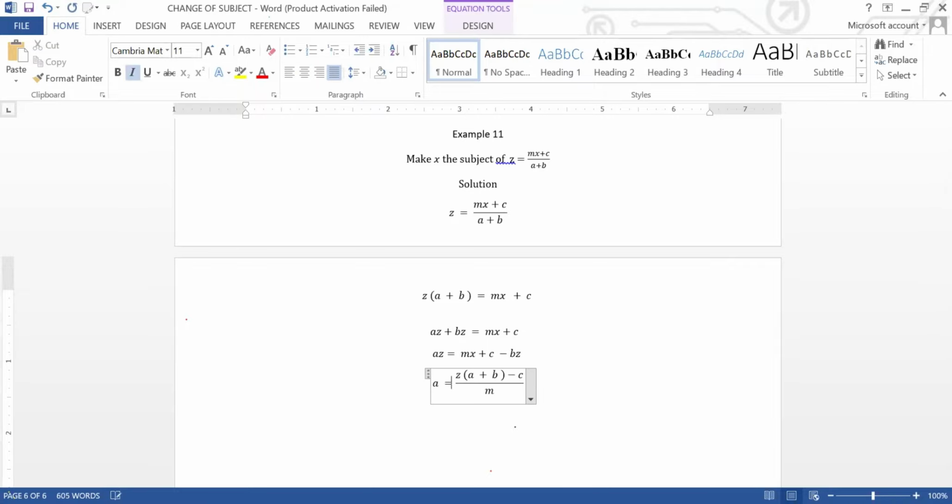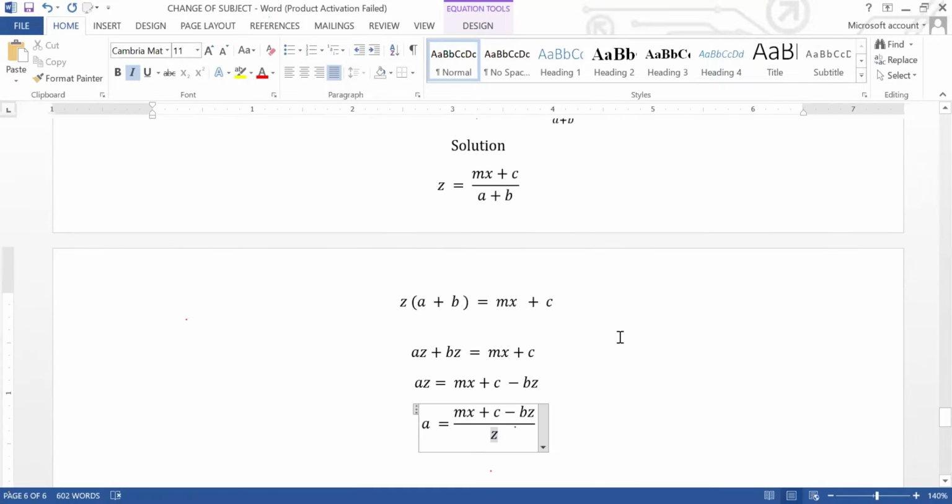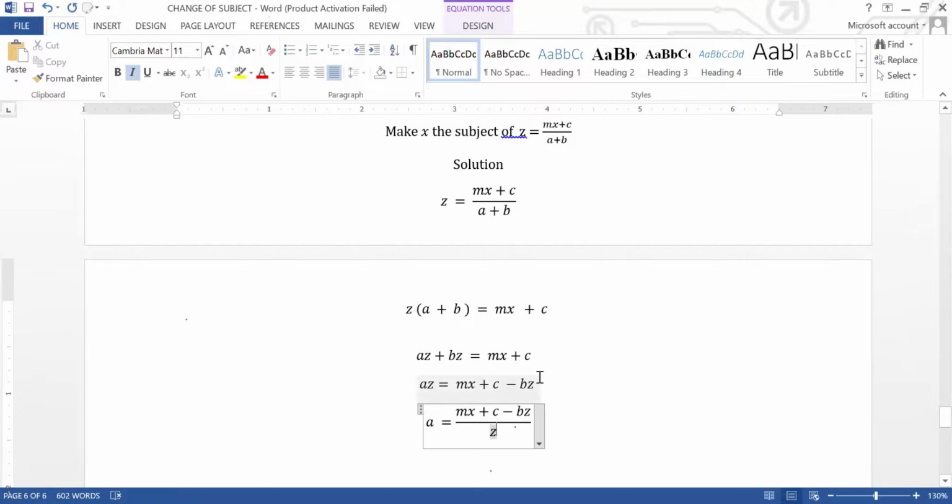We have A is equal to mx plus c minus bz, all over z. And that's it. If we are making A the subject, we have to expand, remove the bracket, send bz to the other side, and divide by z, sorry. And we are done.